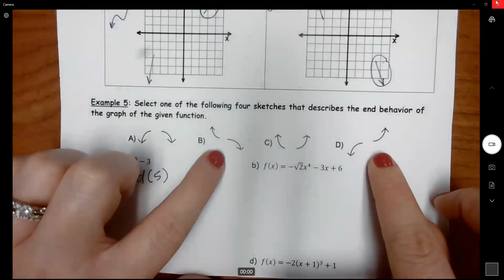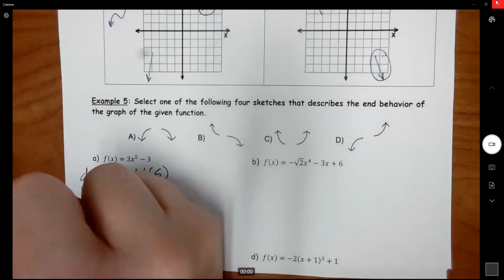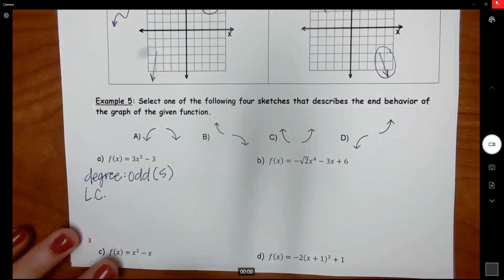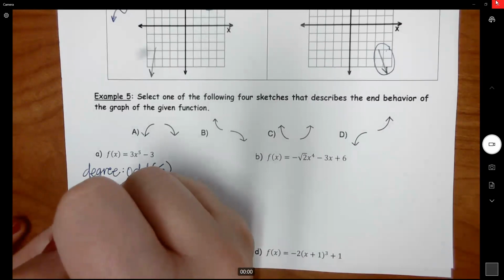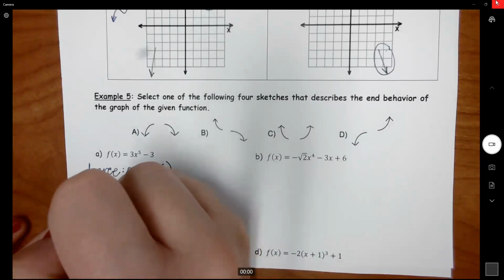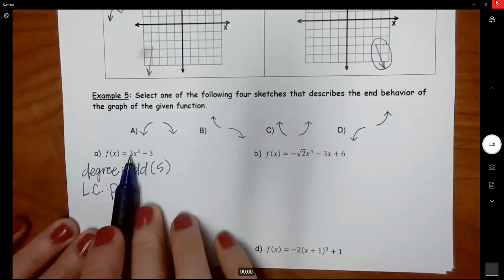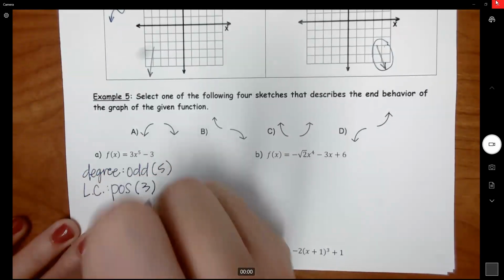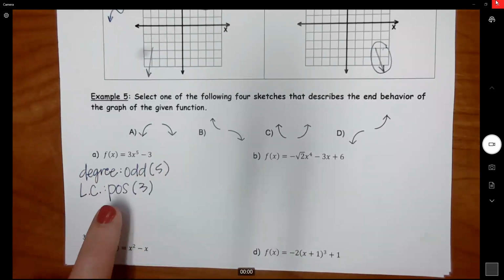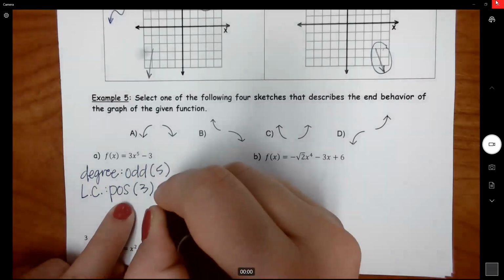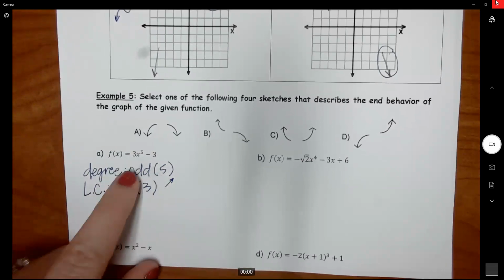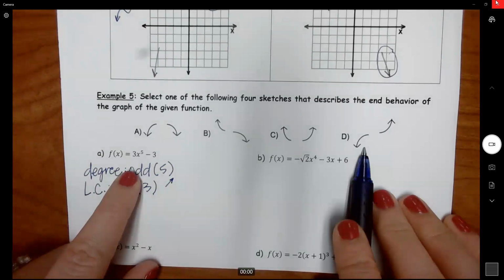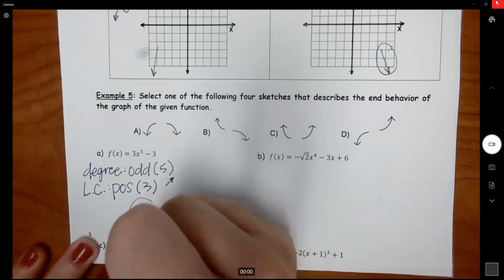So then to determine between these two, we need to look at our leading coefficient. Our leading coefficient is positive, which is this 3 right here. Because it's a positive number, that means it's going to end going up. So ending up and going in opposite directions leads me right here to D.